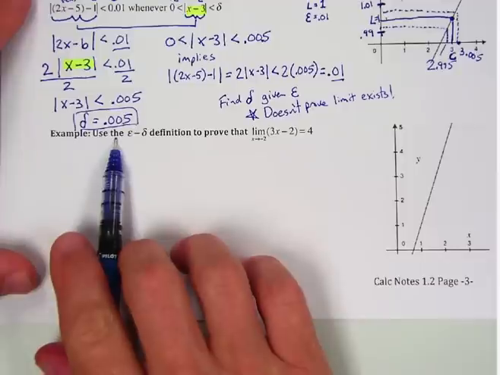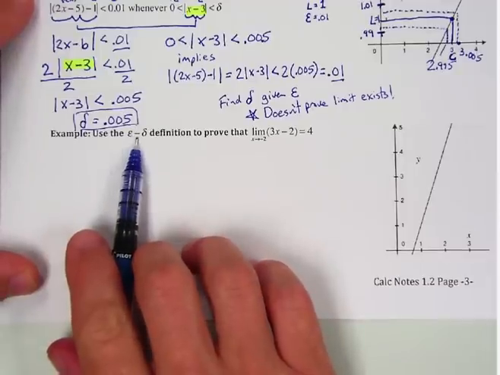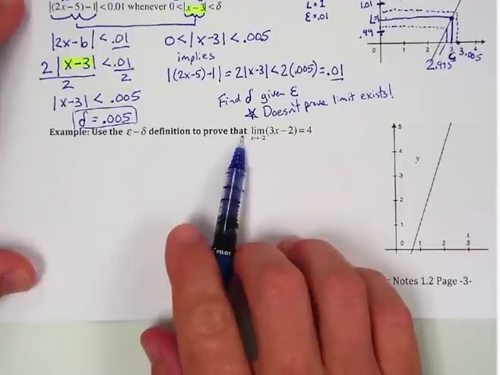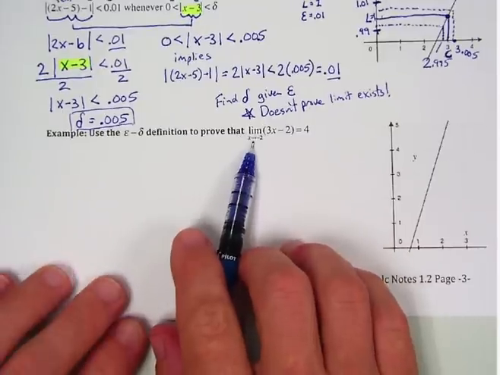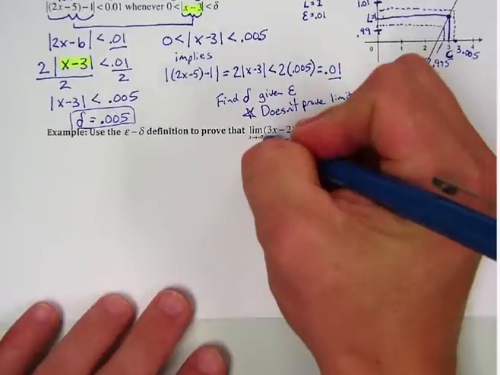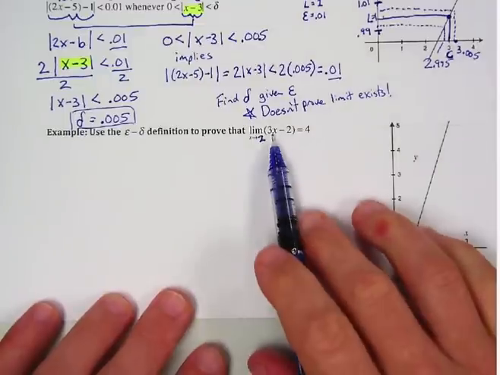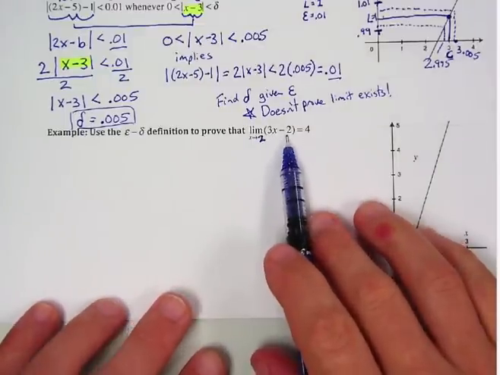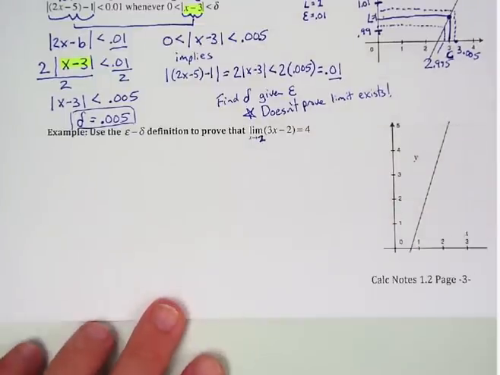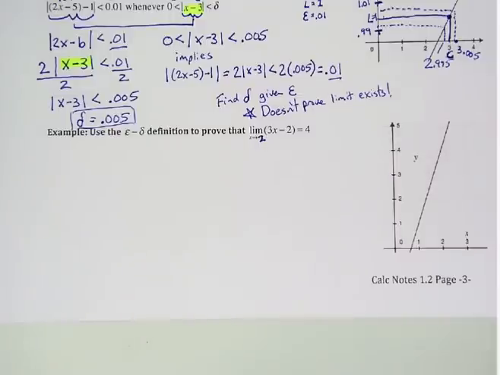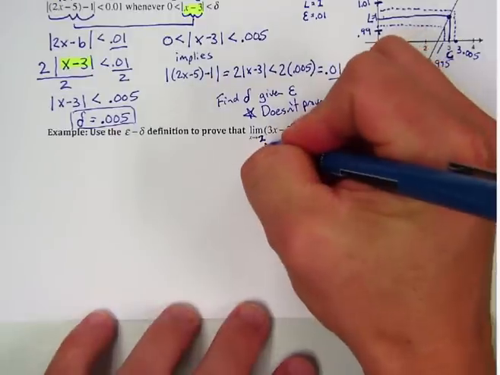It's going to say use the epsilon-delta definition to prove that the limit as x goes to 2 of the function 3x minus 2 equals 4. So we're going to prove here that the limit equals 4. So again, just a couple things.